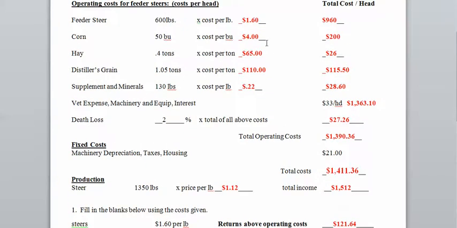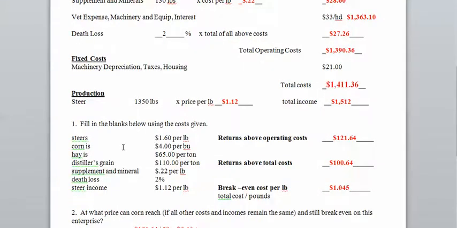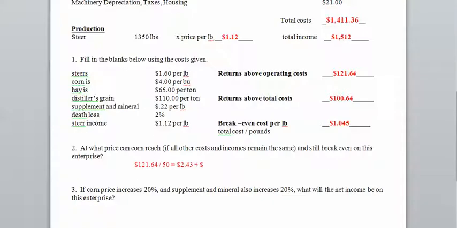And right now corn is $4. So we'll take our initial price of $4 plus this increase that we could sustain of $2.43. Add those together, $6.43 would be the price of corn that we could withstand. That would eat up all our profit. We would profit zero. We would lose nothing, but we would make nothing. We took our profit divided by bushels of corn used.